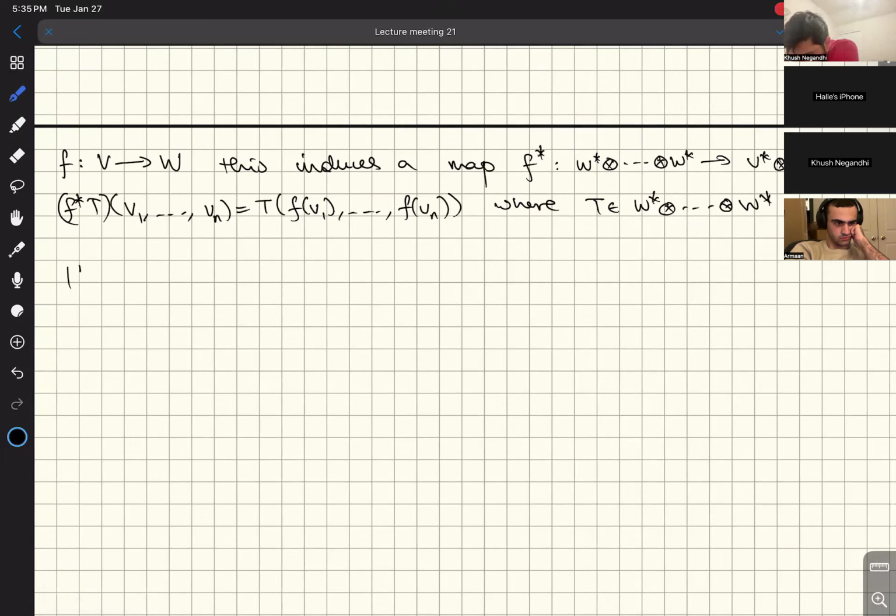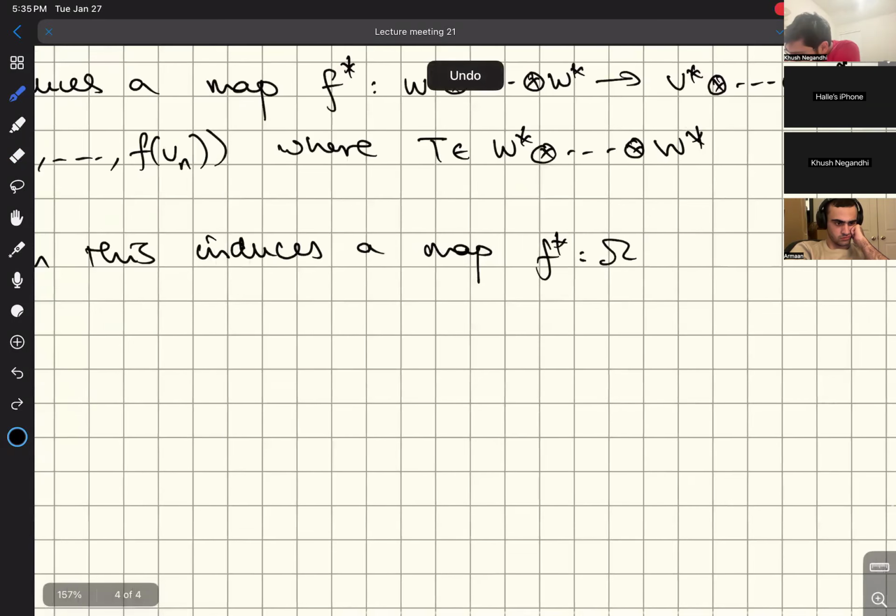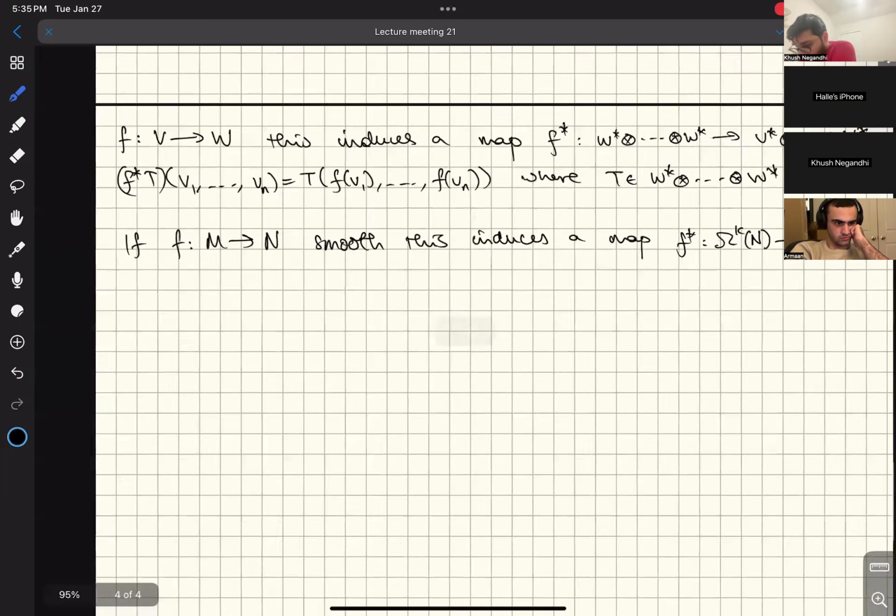So if f is a smooth map from M to N, then this induces a map F pullback that takes in a k-form on N and gives you a k-form on M, right? And it's defined very similarly.